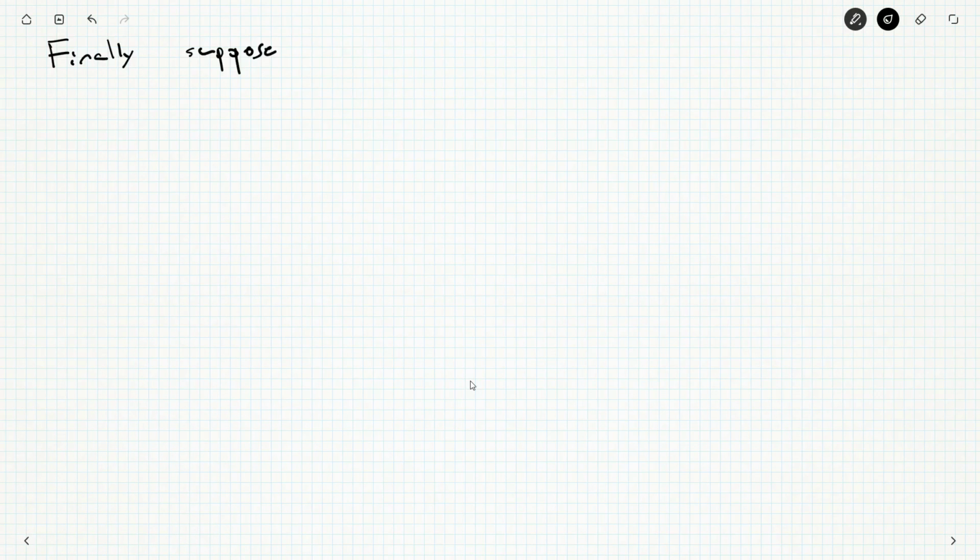So finally, suppose n times n plus 1 times n plus 2 is a perfect square. I don't actually know what I would want to do for this. Well, let's expand it out. We're going to get n cubed plus 3n squared plus 2n is equal to k squared.